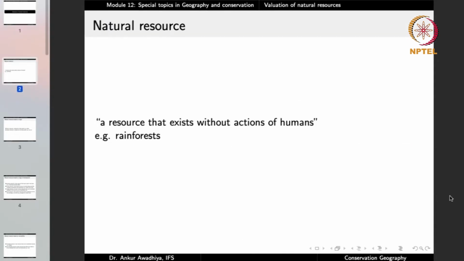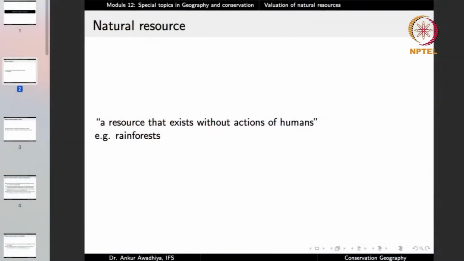Now, we have observed before that a natural resource is a resource that exists without the actions of humans. A good example is forests or rainforests or wildlife. The forests are going to exist whether we do something for their benefit or not.